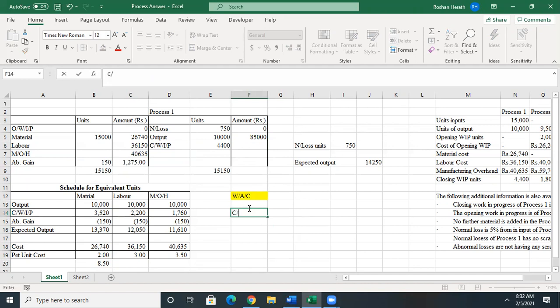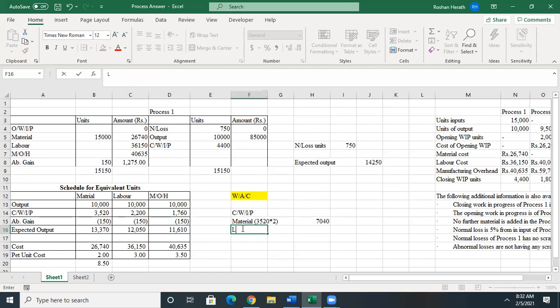You need to be a little conscious, because with respect to material, the completion is different. Only 3,420 units are completed and it's valued at 2. So the value is 3,520 into 2.